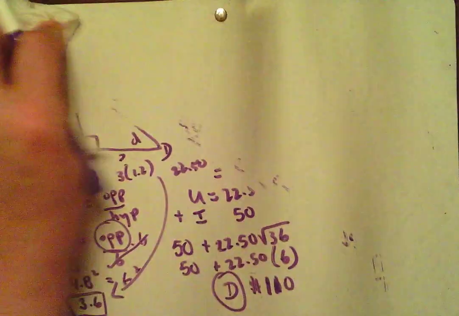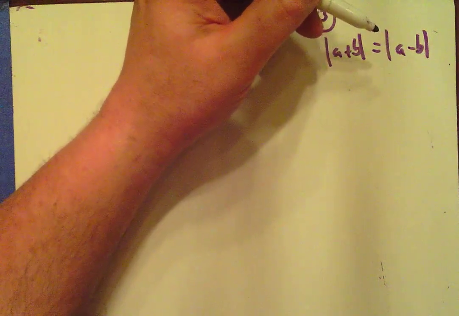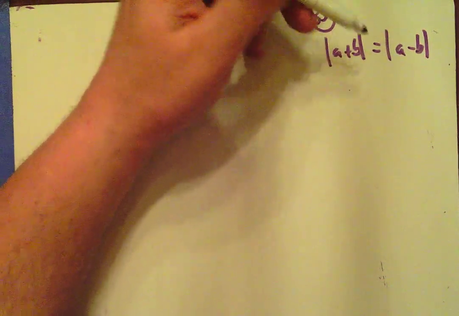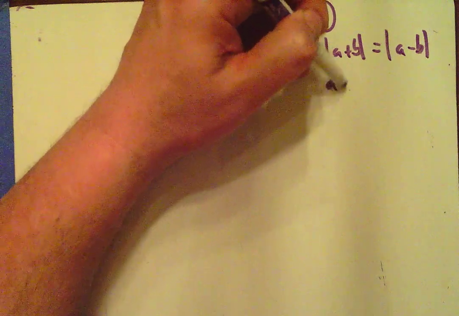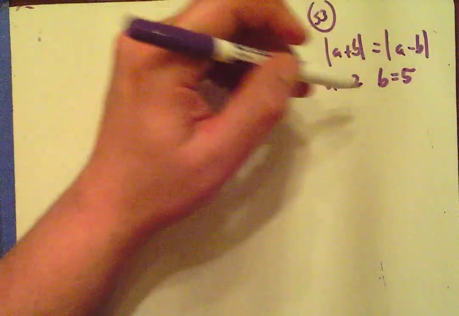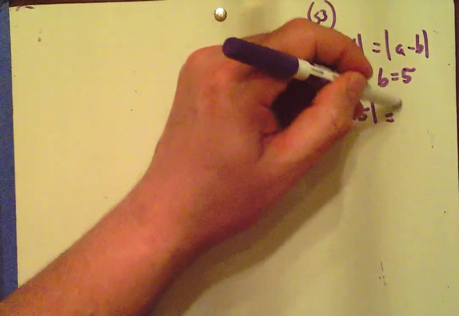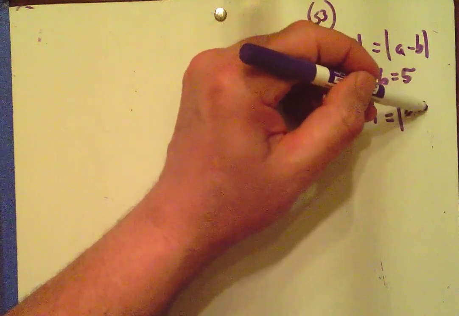Okay, let's take a look at 53. 53 says absolute A plus B equals absolute A minus B. When is this true? Well, let's pick some numbers like A equals 2 and B equals 5. So absolute value of 2 plus 5, does that equal absolute value of 2 minus 5?